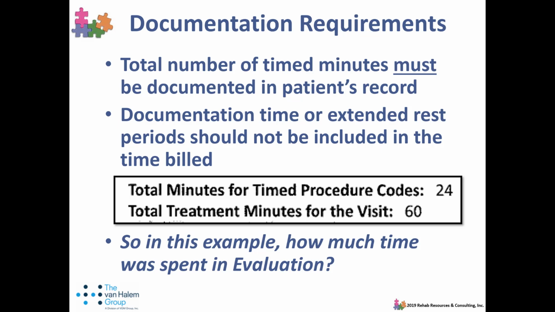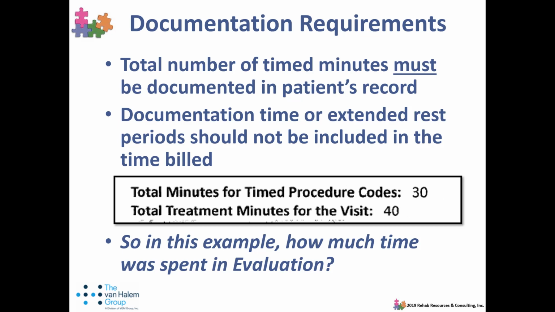We might assume that 60 minus 24 equals the amount of time spent in the evaluation, but that is not clear because in this example, are we to assume here that the evaluation only lasted for 10 minutes?